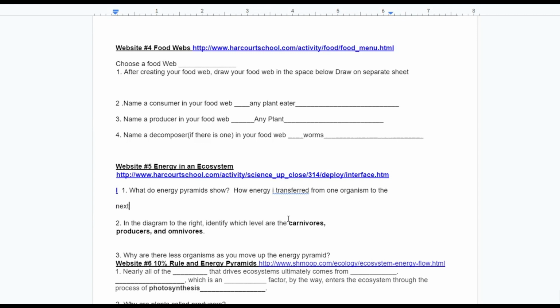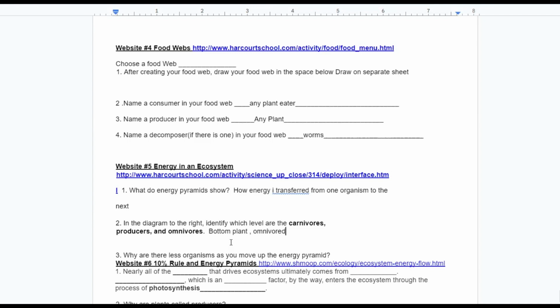All right. In the diagram, which levels are the carnivores, producers, and omnivores? Okay, so this is what you're doing also. Bottom, plant, then just put them in order. Omnivores.